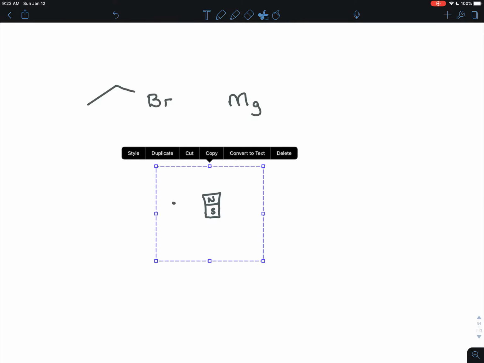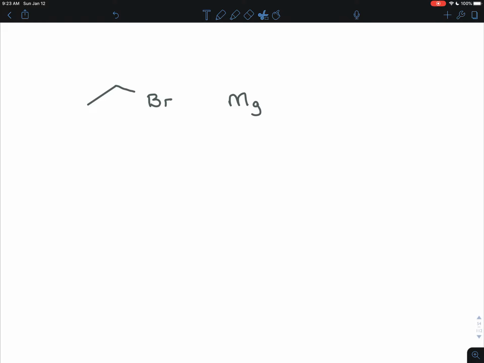It's called a radical. Okay, so solid magnesium metal has a whole bunch of electrons on it. Magnesium is in group 2A, so let's imagine it has 2 valence electrons. And when you put that into solution, this bromine is really electronegative. Even in this bond, it's pulling electrons to itself, so it becomes slightly negative.